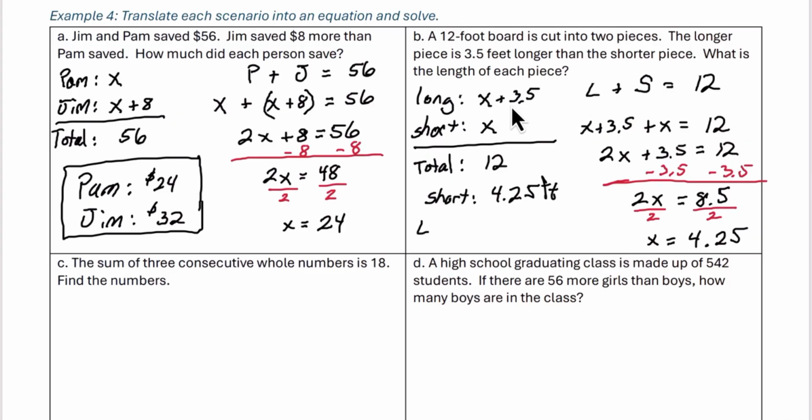So the long piece will be 7.75 feet. Again, that is X 4.25 plus 3.5. And notice if we add those two together, we get a total of 12 feet. So we can check our answer.